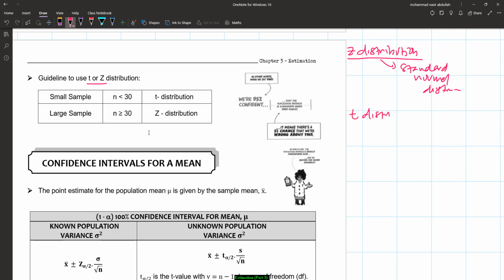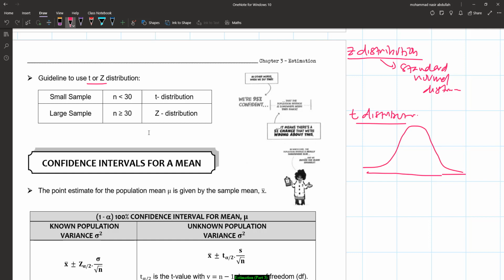The T distribution also came from a normal population, so that's why the distribution also looks like a normal distribution. The only difference is when the population is very small. The sample size is very small, so we need to do some adjustment.